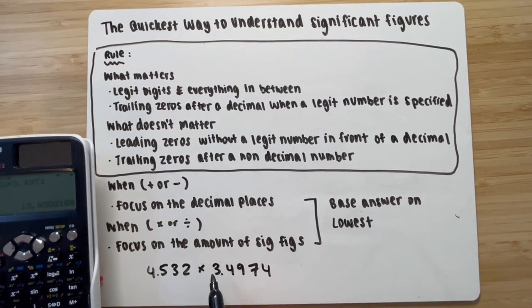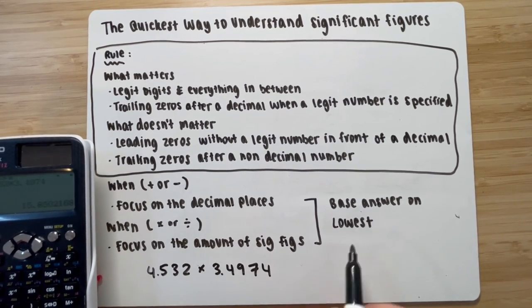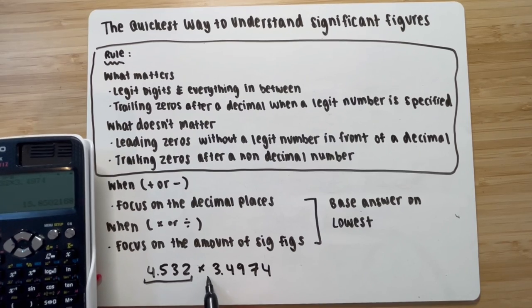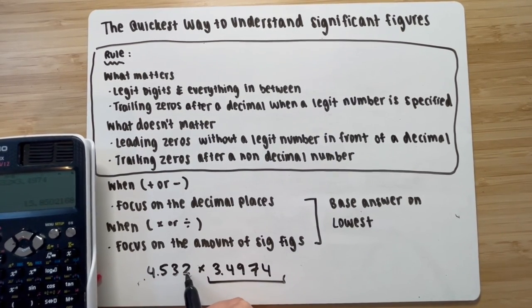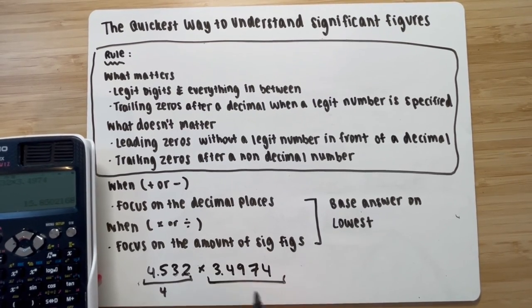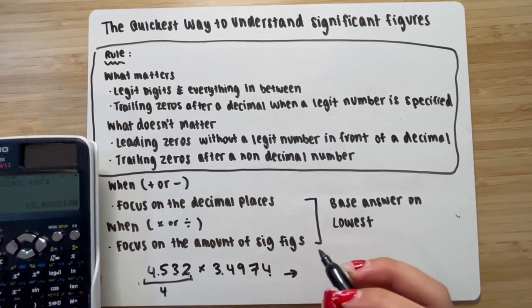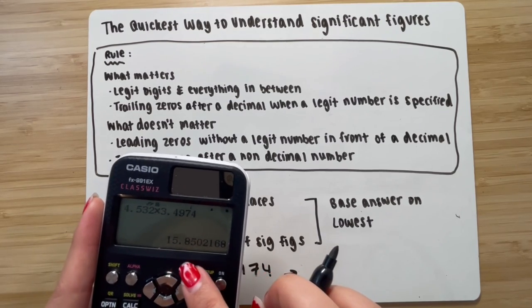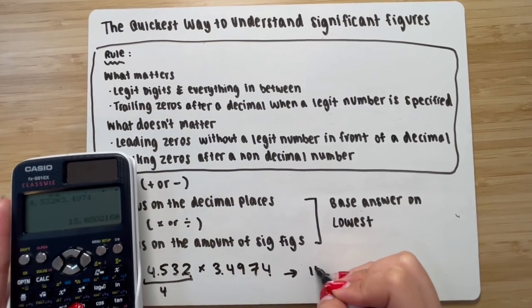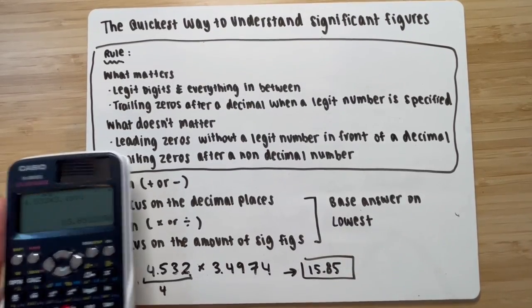However, we just want to base it on the number of sig figs that are lowest out of these two, and in this case it's going to be this one. So there's 1, 2, 3, 4 sig figs here. Therefore, our answer will have 4 sig figs, which is 15.85. That is going to be the answer.